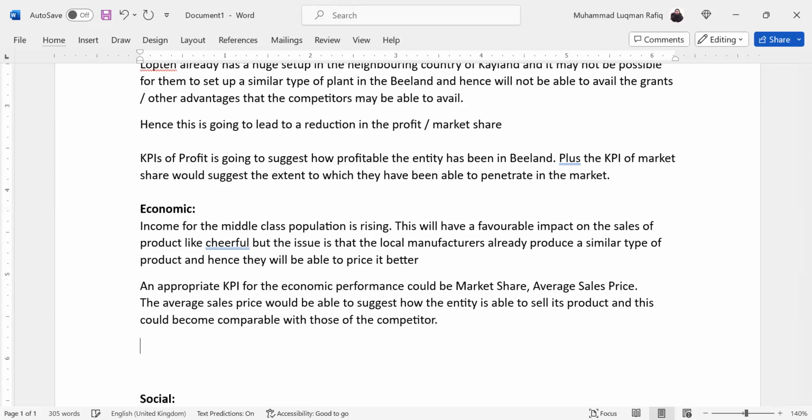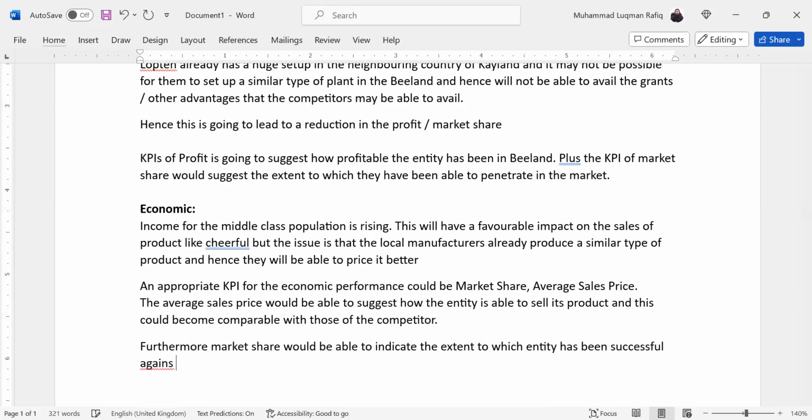Furthermore, market share would be able to indicate the extent to which the entity has been successful against the competitors in ensuring that their products are sold.